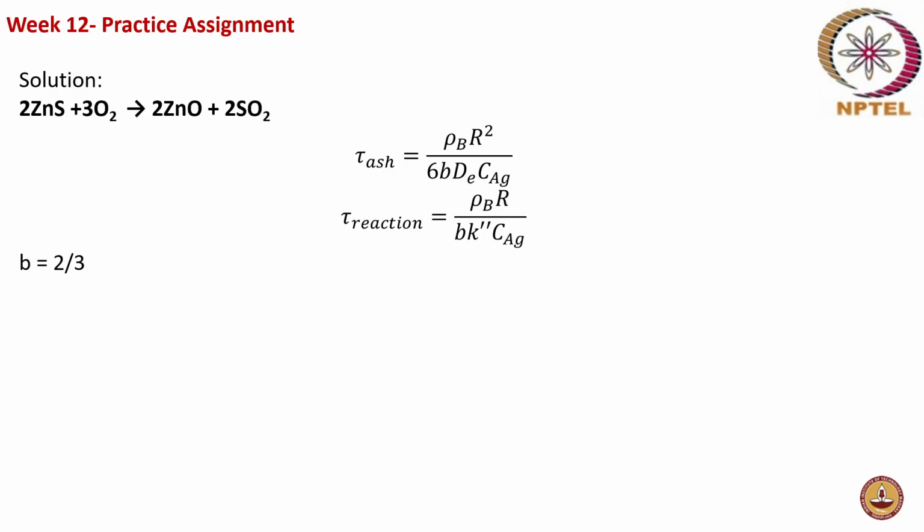So dN_A by 3 is equal to dN_B by 2. That means dN_B, the change in moles of the solid B, is equal to b by a into dN_A. So that is why you get the value of b equal to 2 by 3, dividing this whole expression by 3.